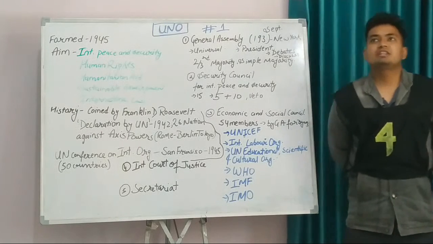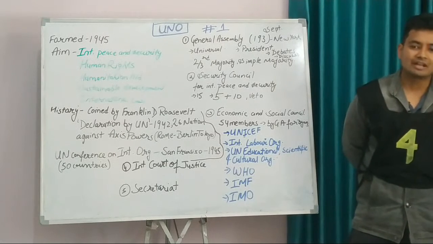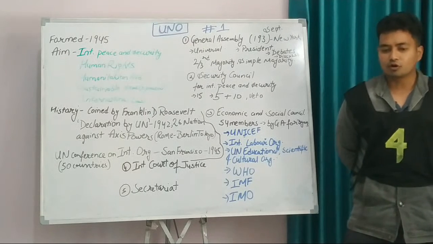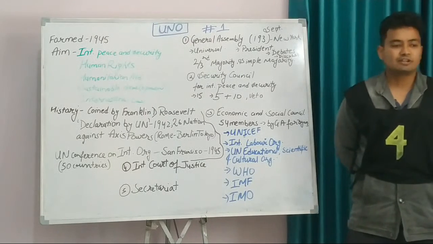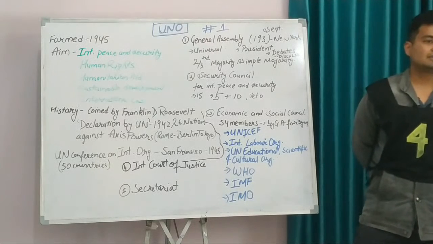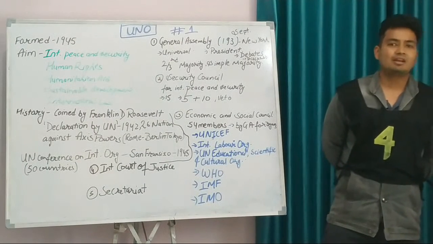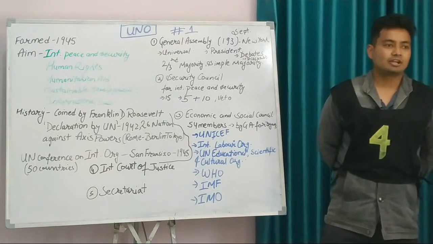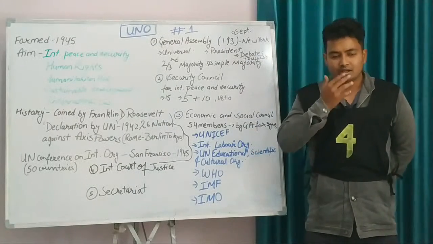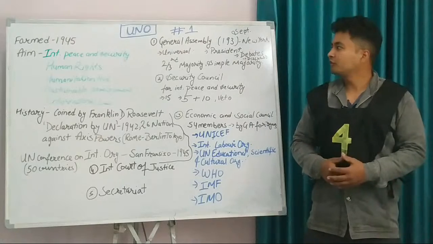Before this, there was the League of Nations, which was established in, I think, 1920, but it ceased its operations in 1946 because it became ineffective. It was formed right after the First World War, but after Russia invaded Finland, Russia was expelled from the League of Nations, and after that it became ineffective. It was ineffective in disarmament of arms, and it eventually ceased its operation in 1946 after the formation of UNO.